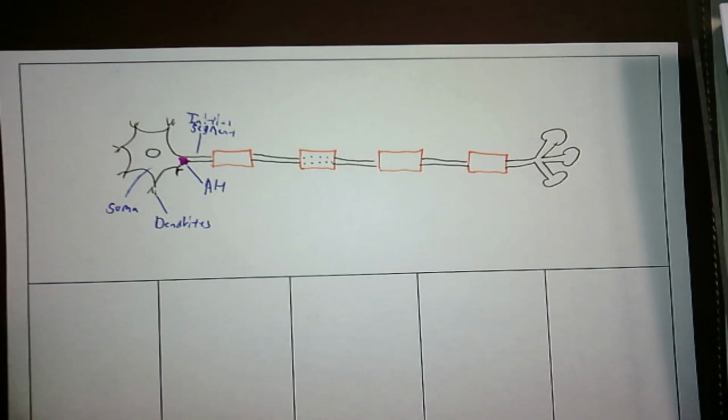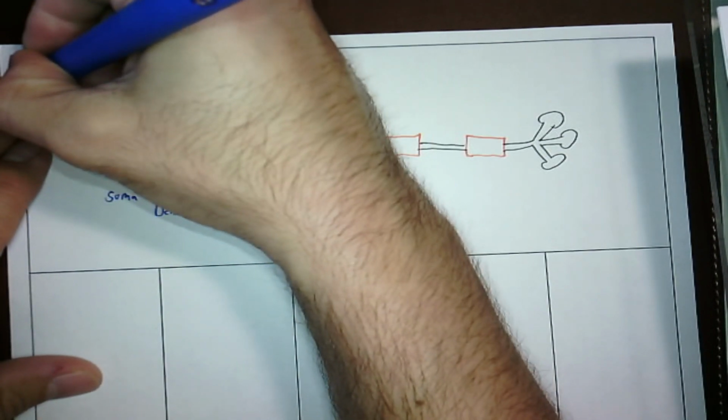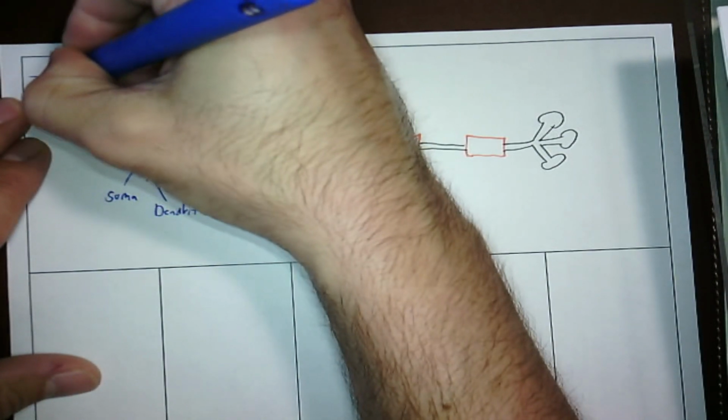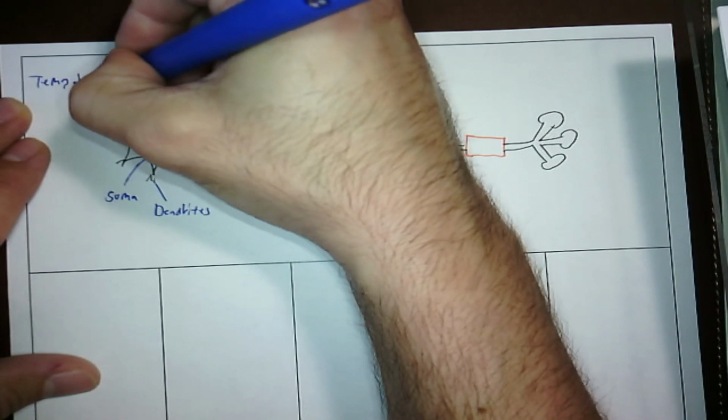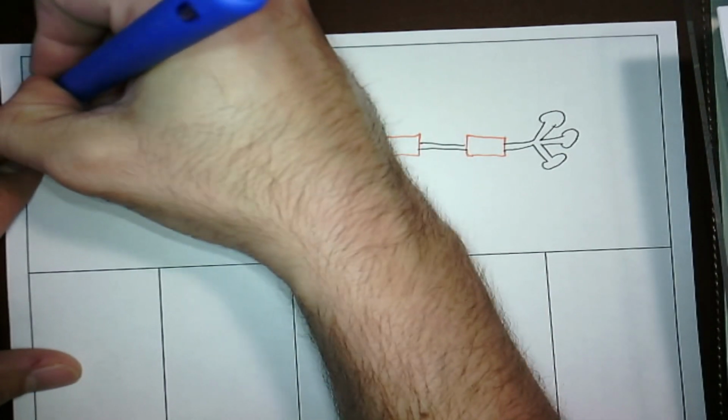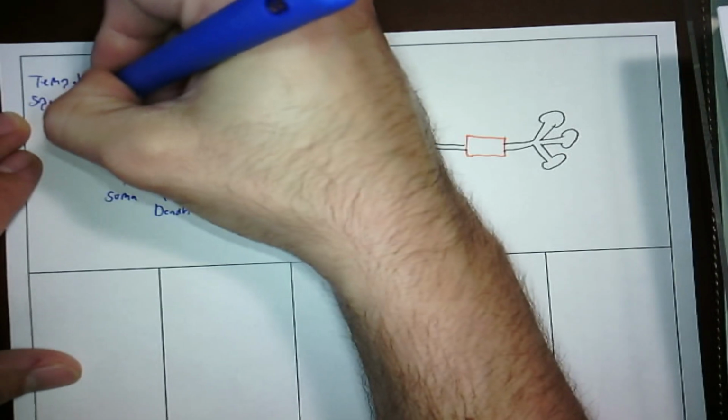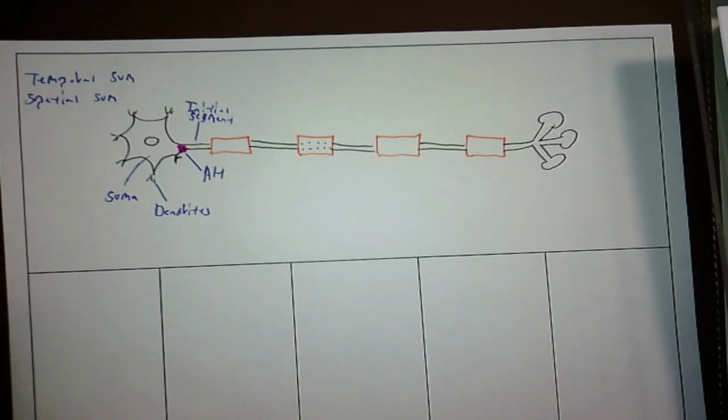We can have temporal summation and spatial summation. And what exactly does that mean? And what do these look like? And can you incorporate these into this drawing itself? I'm going to leave that for you to go back and see how can I incorporate temporal and spatial summation into this.